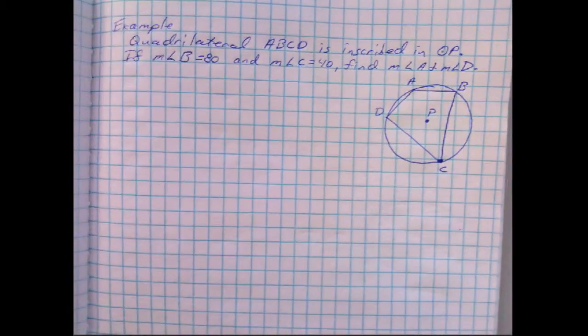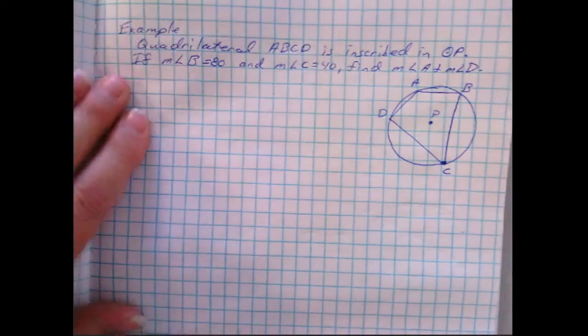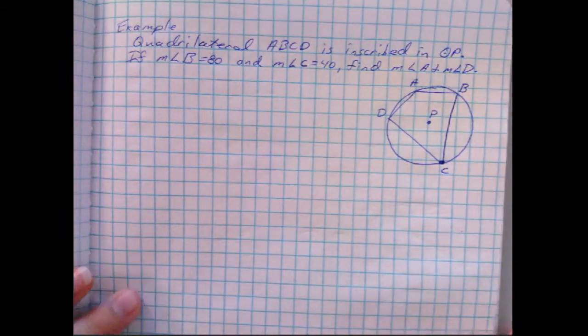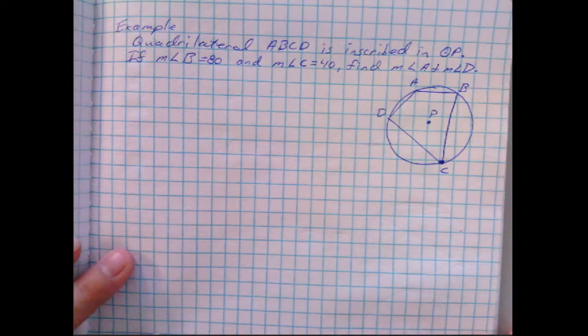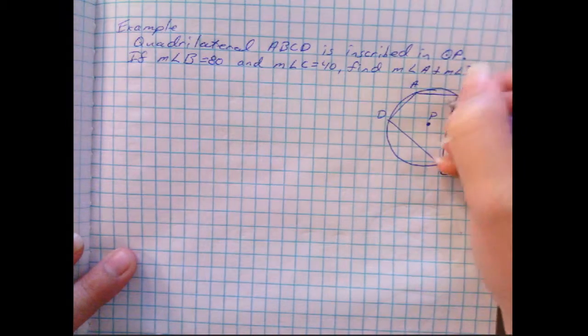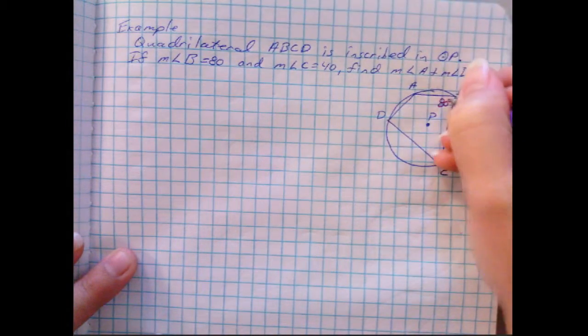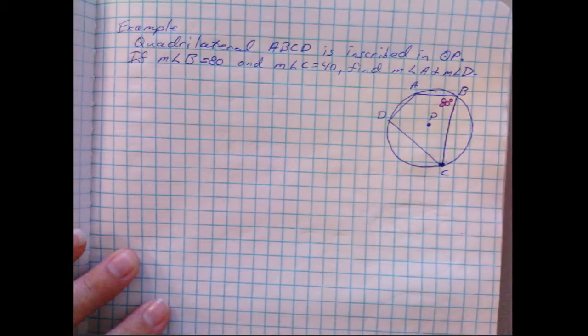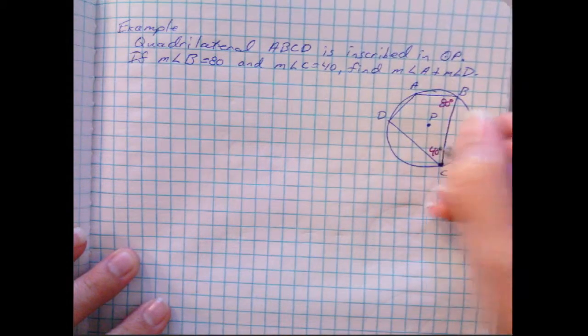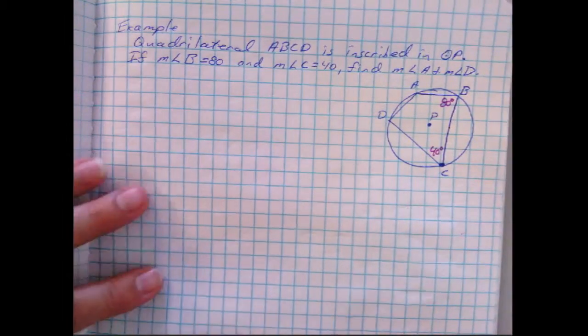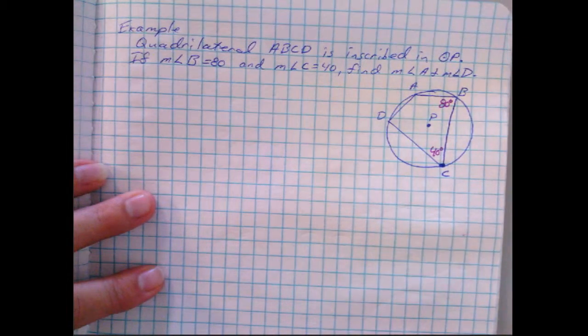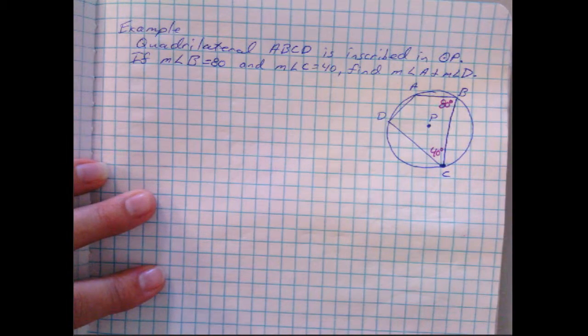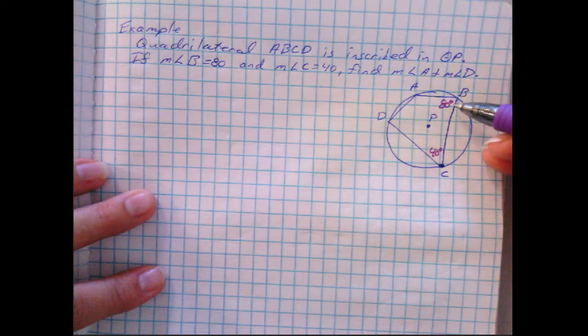The next piece that we have here is a quadrilateral ABCD that's inscribed in circle P. If the measure of angle B is 80, so I'm going to go ahead and label that, and the measure of angle C is 40, we're supposed to find A and D. So let's look at this. If B is 80, what does that tell us?